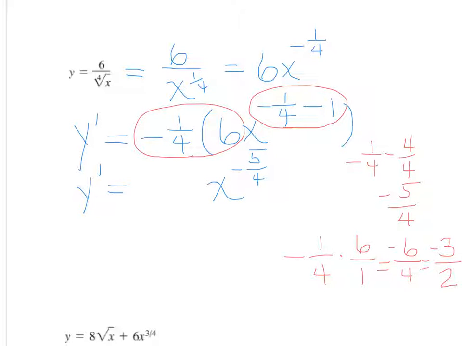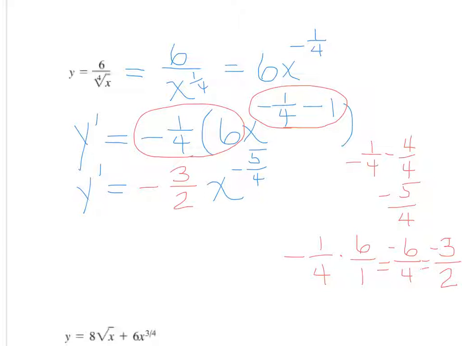So then negative 1/4 times 6 is negative 3/2. And you can actually stop there. There's nothing wrong with leaving your answer in that form.